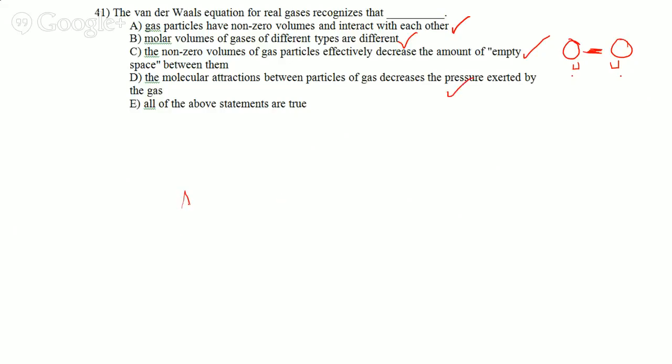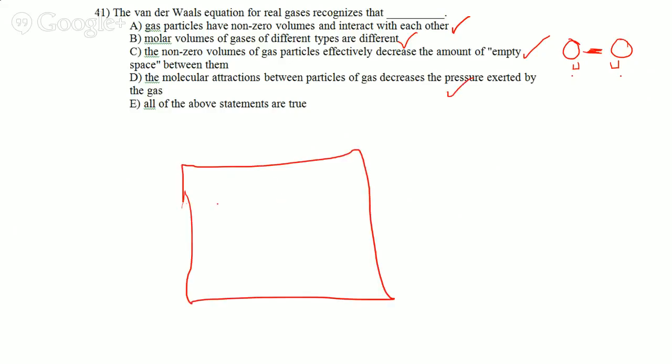That is true. So if we were to take a look at like a container, so pressure is from the particles bouncing off the walls, right? And going and hitting it, and that's the pressure, right? Well, if they have attractive forces between each other, then that's going to slow them down because they're being pulled together instead of just being able to spread apart all crazy like.